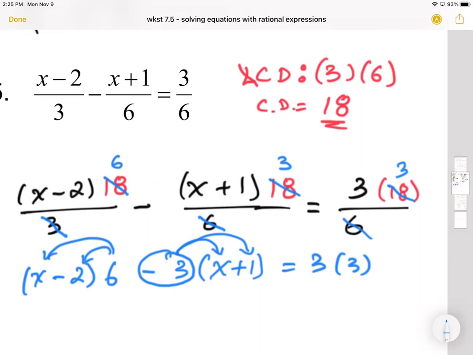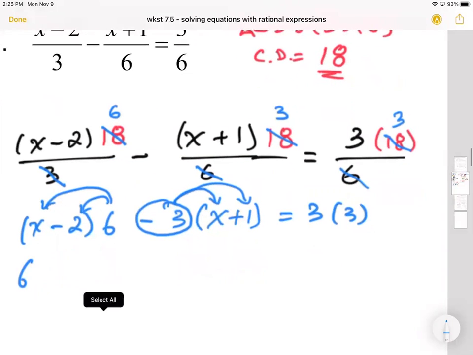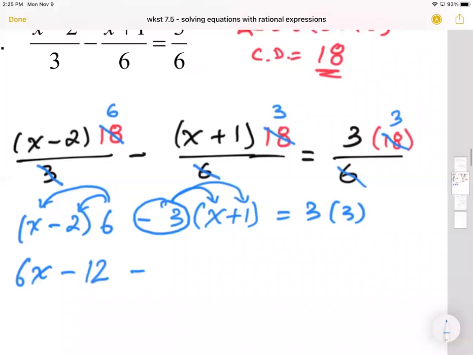Looking at this item, 6 times x will give me 6x, 6 times -2 to give me -12, -3 times x to give me -3x, and -3 times 1 to give me -3, and this thing will give me 3 times 3 is 9.